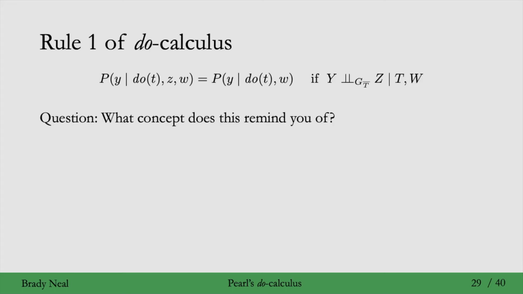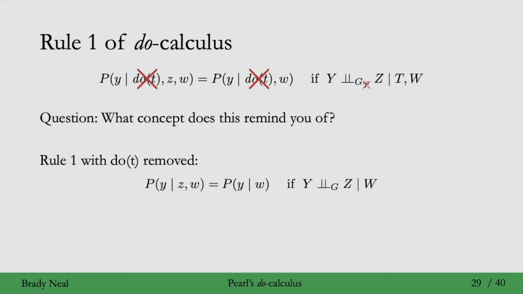And my question for you is, what concept does this remind you of? What if we were to remove these do t's and change the graph to just g? Then we have this special case of rule 1 where t is the empty set. This is just regular d-separation, and this is what it implies.